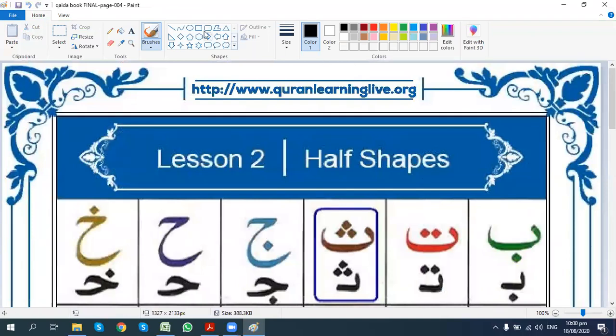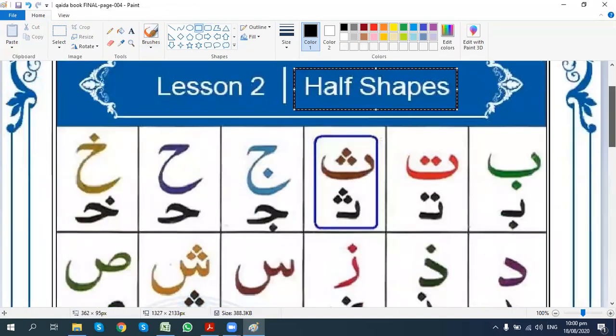And here we have lesson number 2, which is about half shape. As I told you, when you start this lesson, first of all you do the same thing as in your first lesson, meaning you give your student a brief introduction of lesson number 2. The introduction is: you tell your student that in this lesson we will learn about the half shape of the letter, and you can give the reason why we are learning the half shape of the letters.